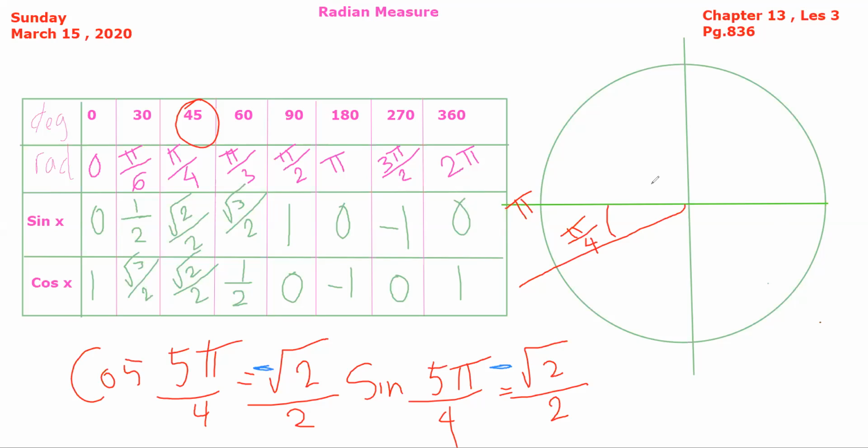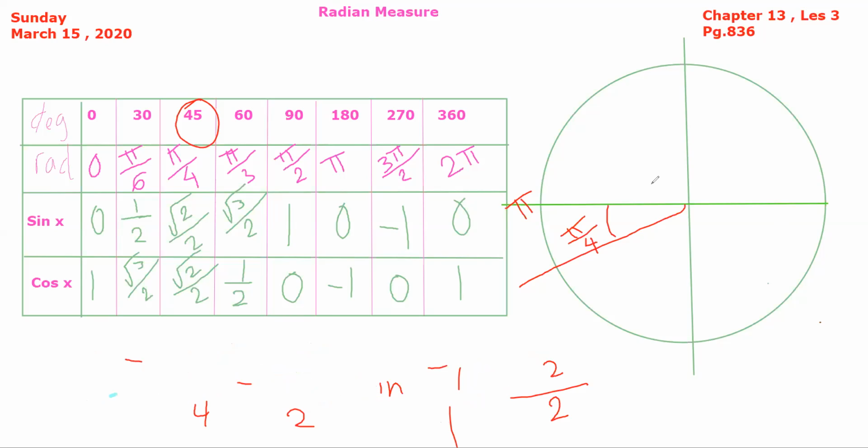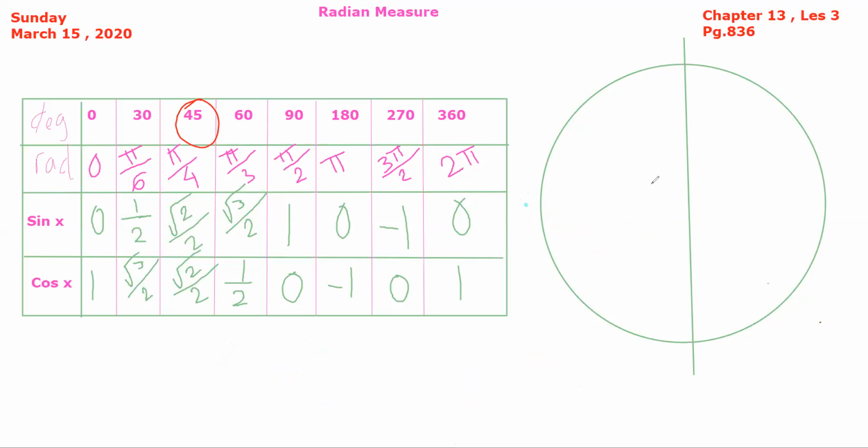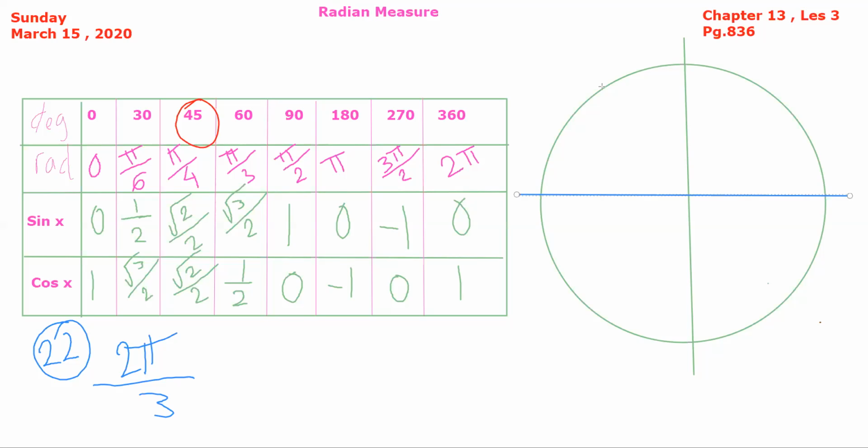Okay, it's number 22, 2 pi over 3. In number 22 now, here we have 2 pi over 3. They ask you now to find the cosine and sine of 2 pi over 3.